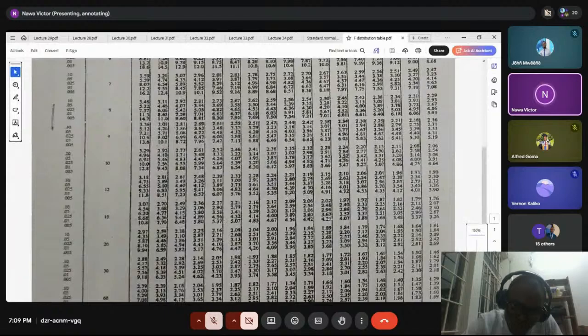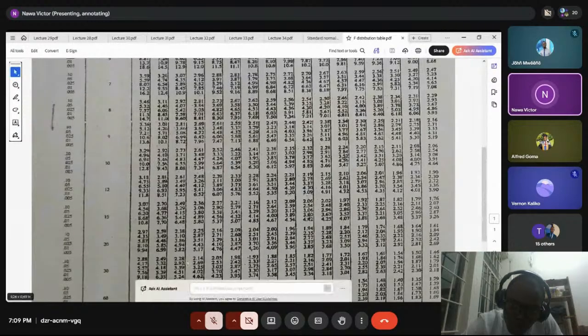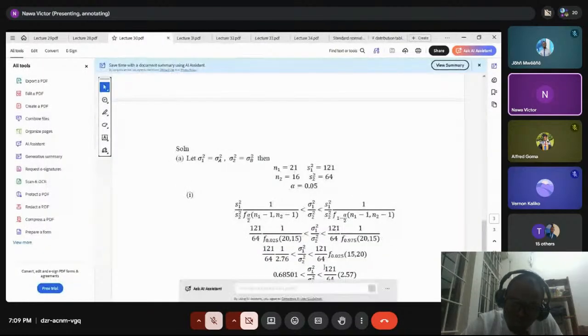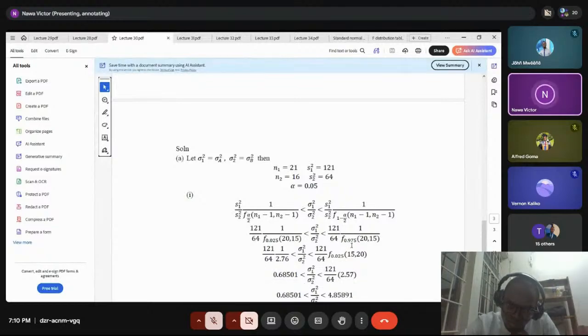Are you able to see this value here, 2.76? Yes. Okay, so that's the value, the 2.76 here. And then we don't have a 0.975 there.